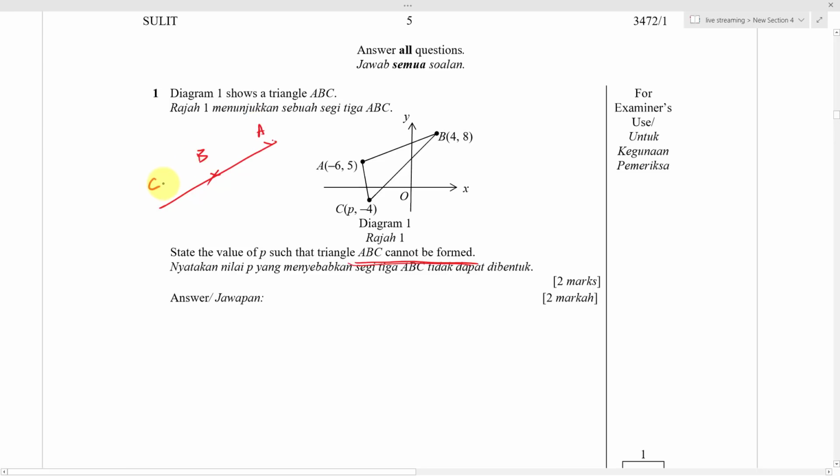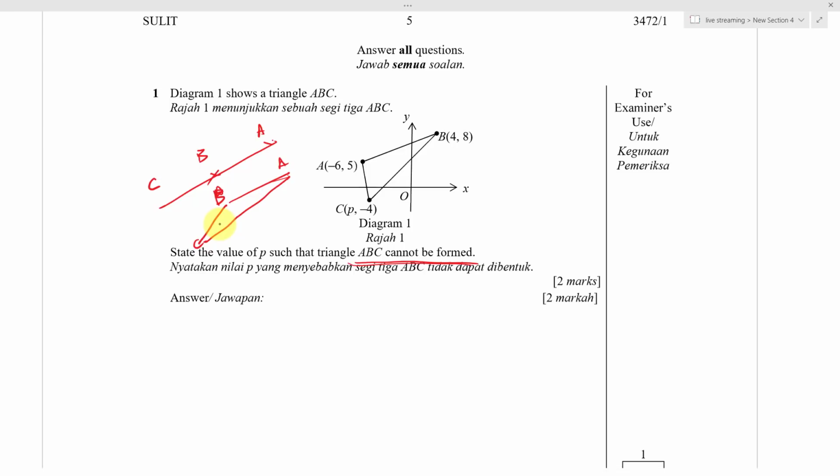If they are not a straight line, definitely you can form a triangle. Even if C goes slightly down a little bit, you can still form the triangle. But if ABC is a straight line, then you cannot form the triangle.